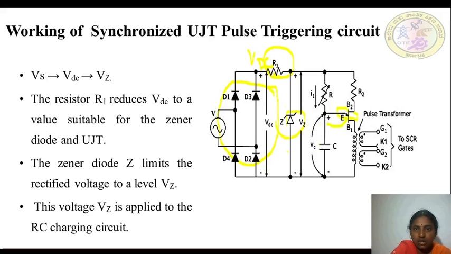The Zener diode will clip the rectified voltage to a standard level of Vz. So Vz is a constant voltage and this voltage is applied to this RC charging circuit as an input to the UJT.